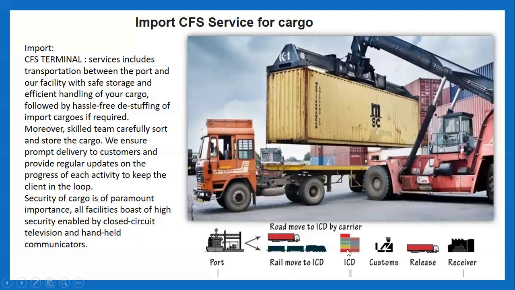It can be shipping line CFS or third party CFS. So what does this railway do? This railway unloads the containers where space is available. This CFS is just along this railway track, and this railway unloads the containers to the CFS, okay.